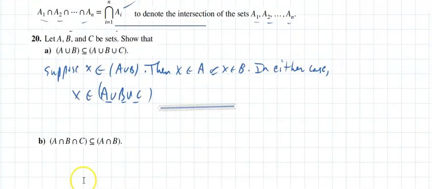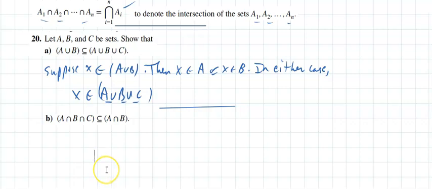Part B says A intersect B intersect C is a subset of A intersect B. Well, let's see. Let's assume X belongs to A intersect B intersect C. So on the left side, right?